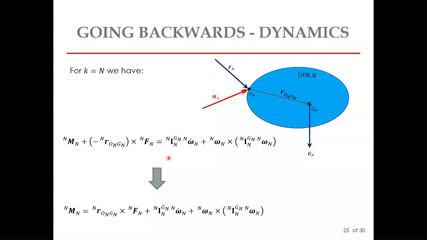Now this bit here is just fine, right? But this bit here, I just want to talk about. So remember, I said I of link n is constant in frame n. So I need to do the prime, the derivative. Let's do this.